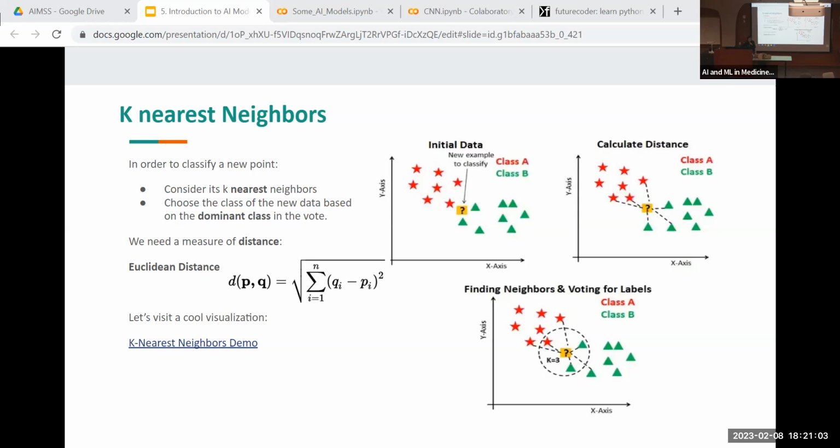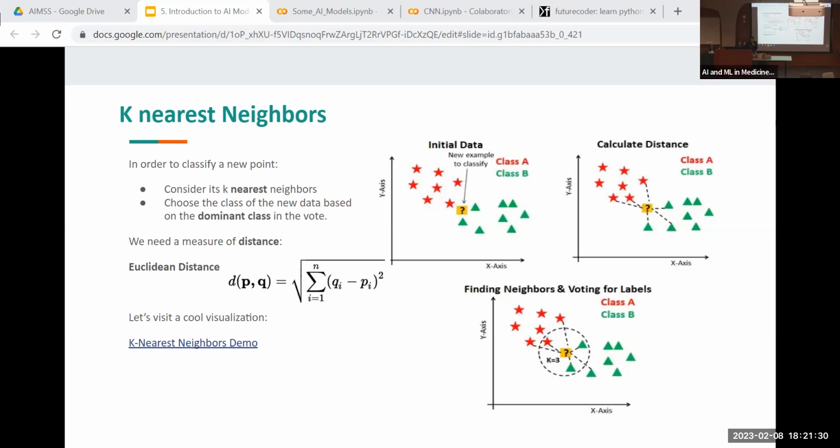So the idea for k-nearest neighbors is that we find the k nearest neighbors to that point, and we consider the dominant class as the class that we assign to the new data. So this is the general idea for k-nearest neighbors, and the idea is simple.